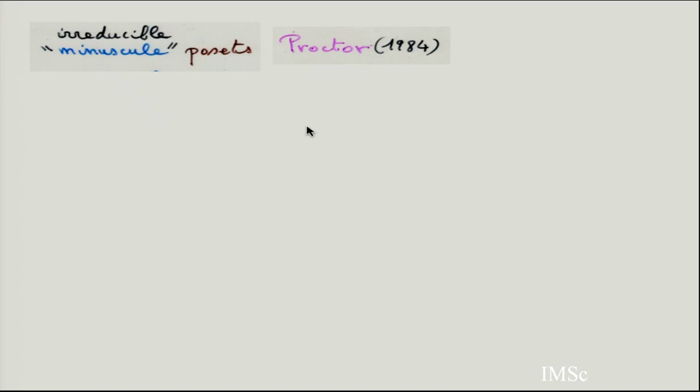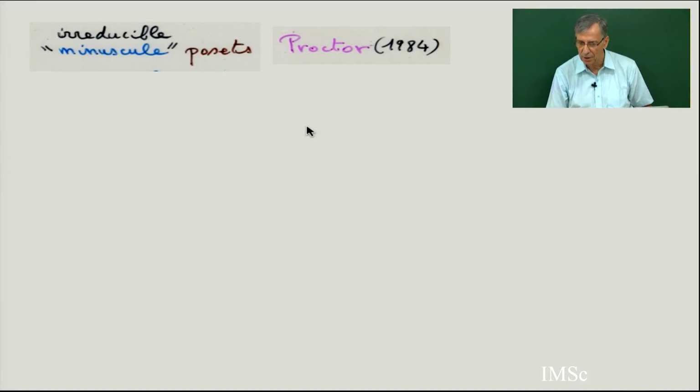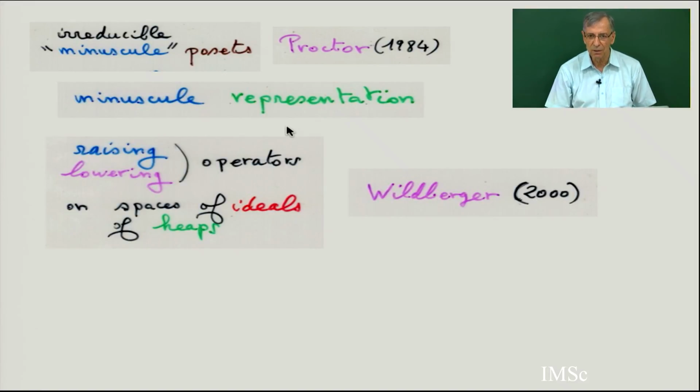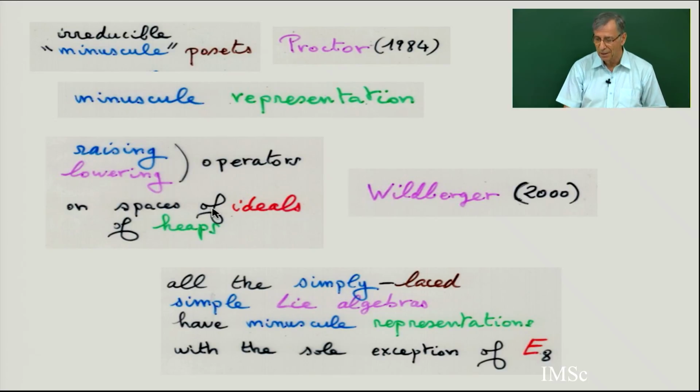So as a complement for experts in the field, this is exactly what Proctor called the irreducible minuscule poset. This corresponds to minuscule representations, and there is a second paper of Wildberger where he defines some raising and lowering operators in the ideals of the heap, which give a representation of the simply laced Lie algebra.